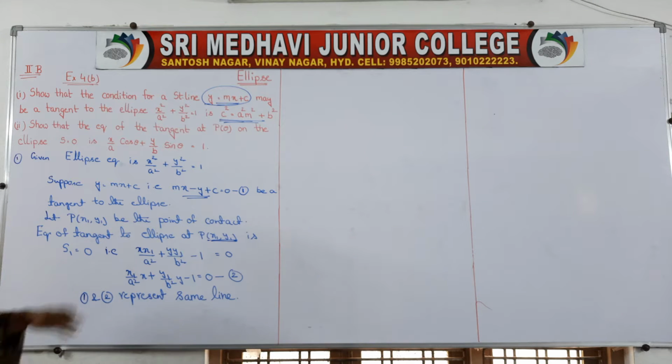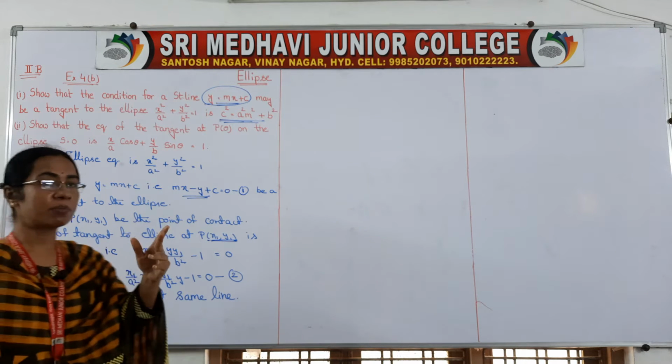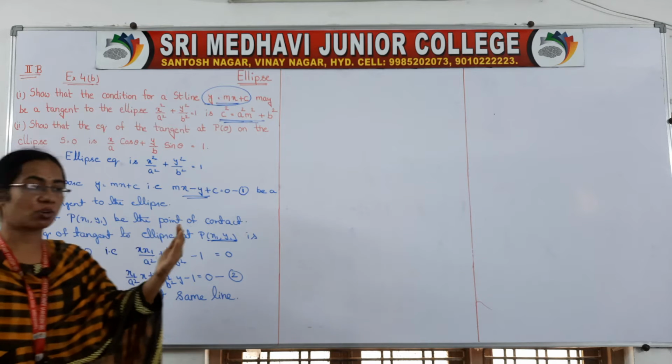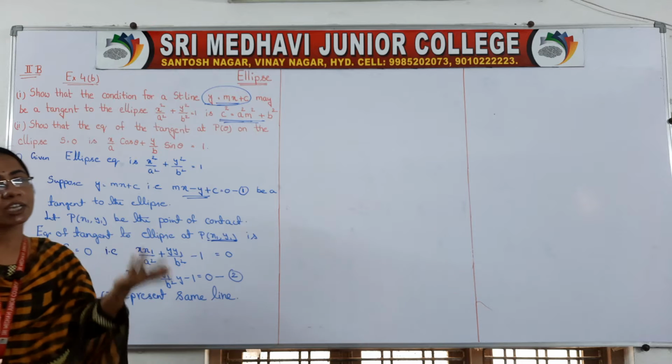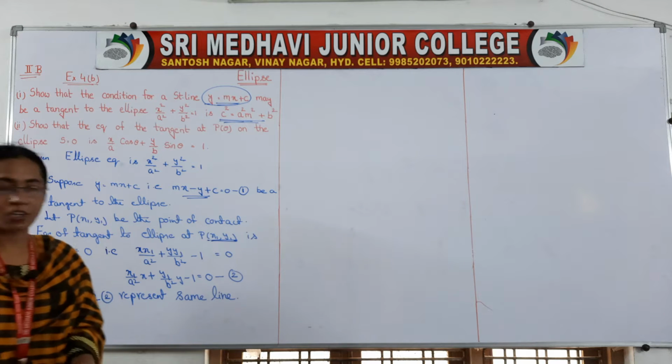So whenever two lines represent the same line, we take x coefficient by x coefficient is equal to y coefficient by y coefficient is equal to constant by constant.